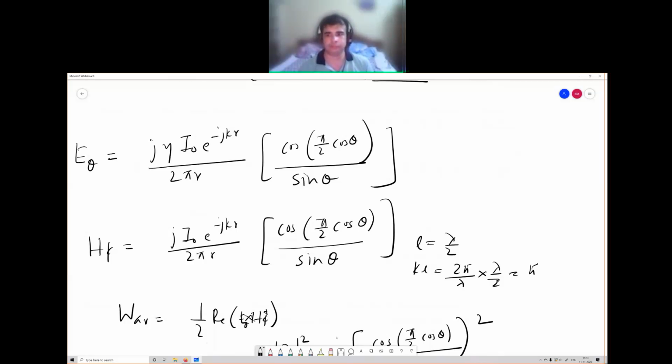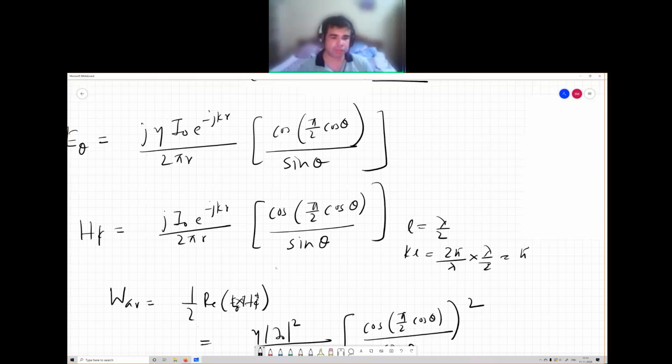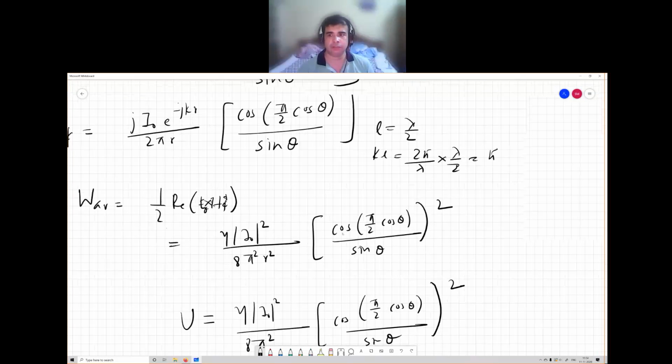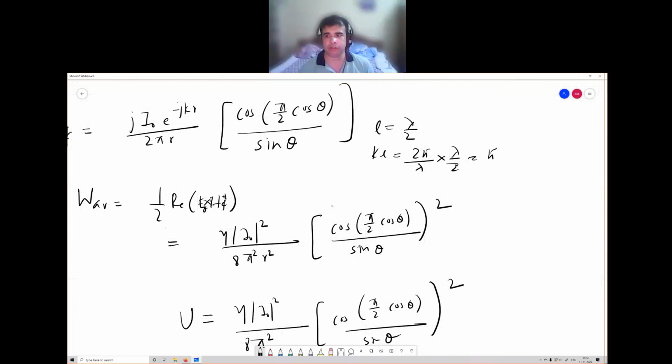Now W is half real part of E theta into H psi conjugate. So we just put the value and we have found W, or the radiated power density.